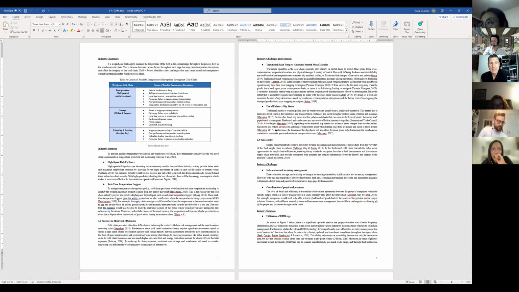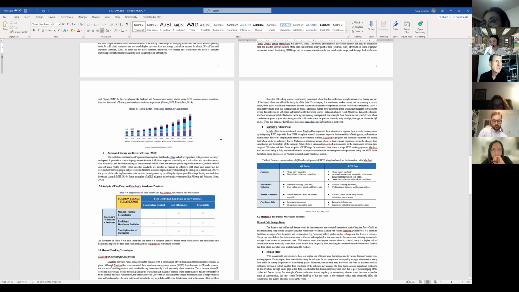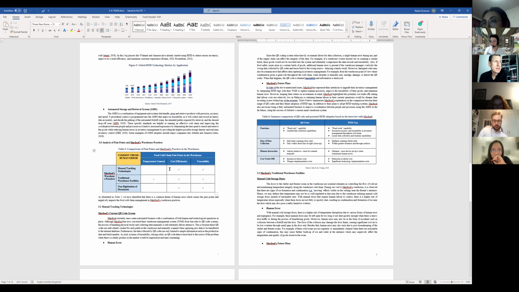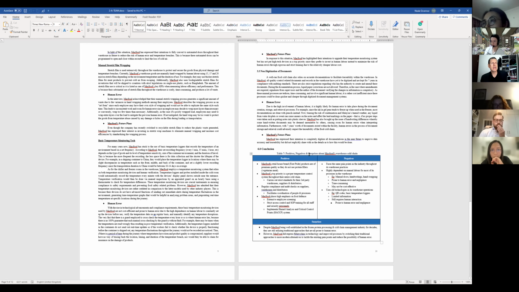You've got problems and solutions. Then they did a table that does comparison, and then a summary of comparisons of solutions based on their interviews. And then in the end, their conclusion: positives, negatives, and surprises.